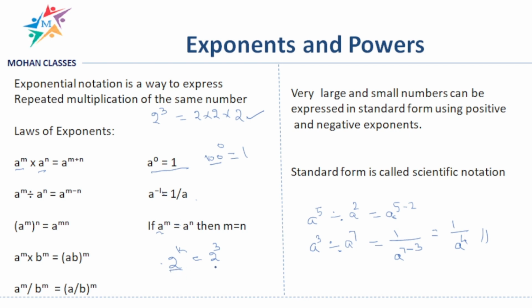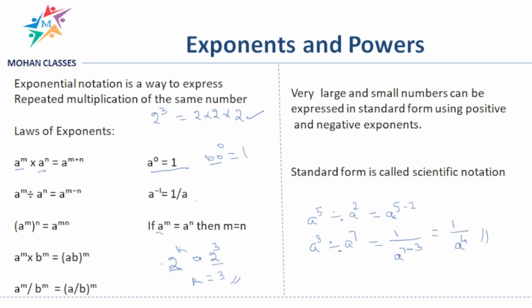Here the base is the same, therefore k is equal to 3. Here k is m and the number 3 is n. So k is equal to 3. We will use this in the coming exercises, and then you will understand very clearly.